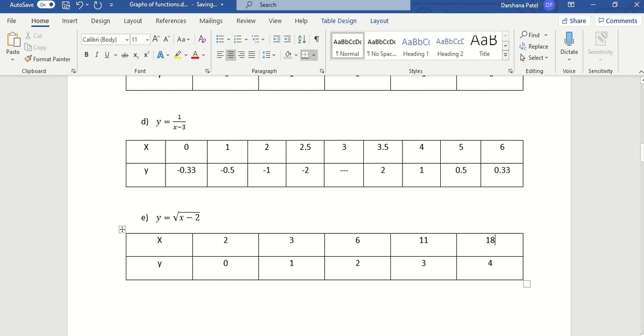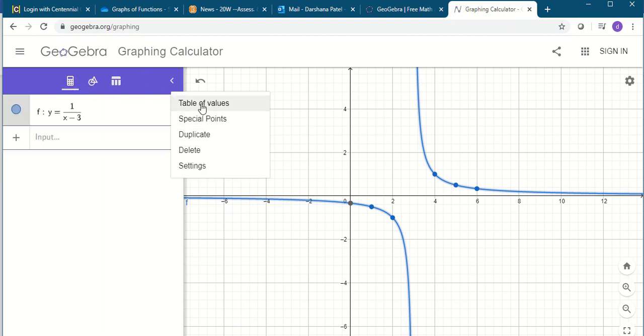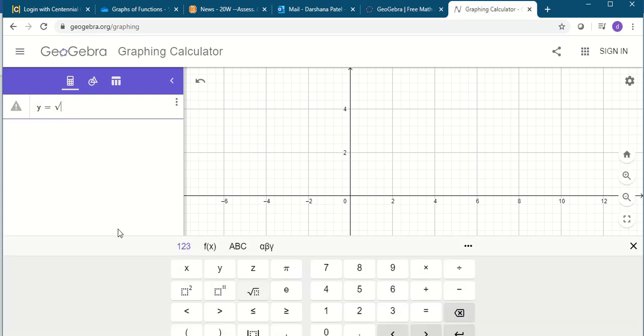Now let's plot this, see what kind of graph we get. We have y equals square root of x minus 2.